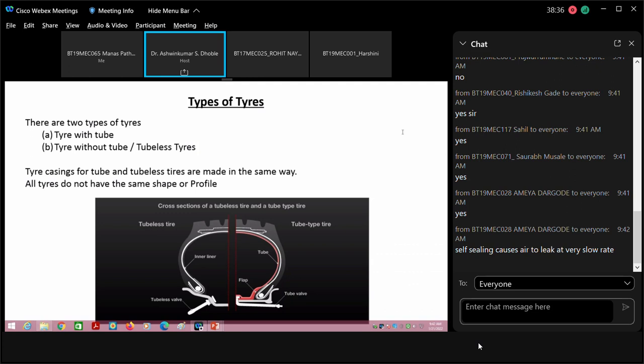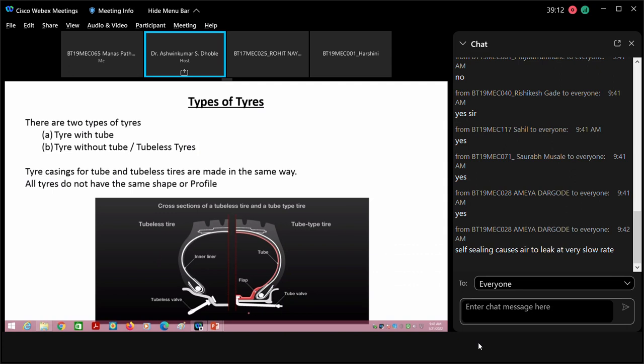Okay. So now the answer to the question which I told you is correct, that if you have the wheel previously fitted with the tubeless tire, then you can very well fit the tire with the tube. Whereas for the other case, if you want to fit the tubeless tire on a wheel rim which is made for the tire with tube, then you have to make sure that the tubeless tire fits on the rim perfectly, so that the sealing takes place.